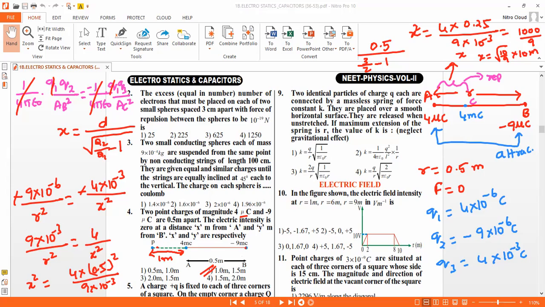Plus 1 is for when both q1 and q2 are like charges. If q2 and q1 are unlike charges, then we use minus 1. Here q1 and q2 are unlike charges, that's why I used minus. Okay, completed.